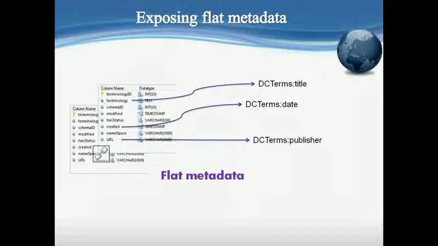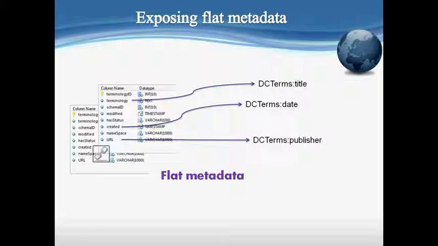But as I mentioned, you can expose your data to a flat schema like Dublin Core. If your data are available in some relational tables, you can retrieve your data using some joins or in one table, and you can map one element to one element in a flat schema.